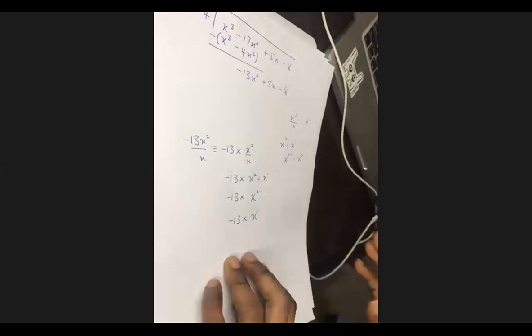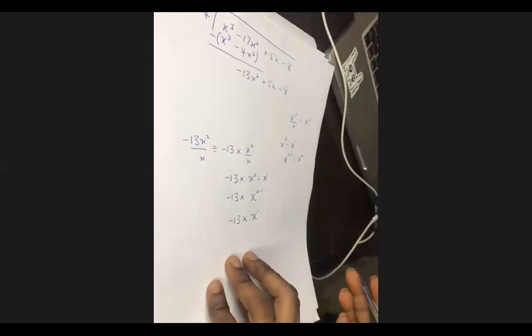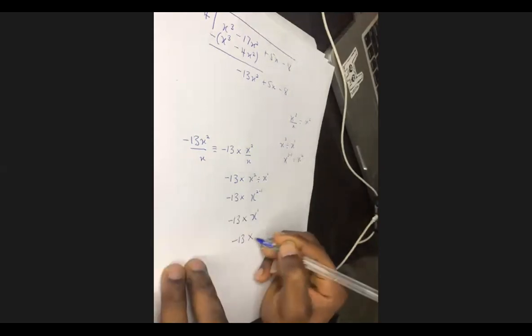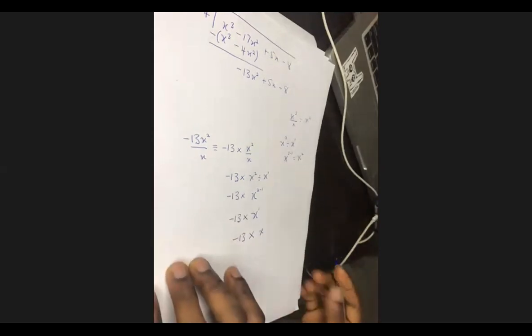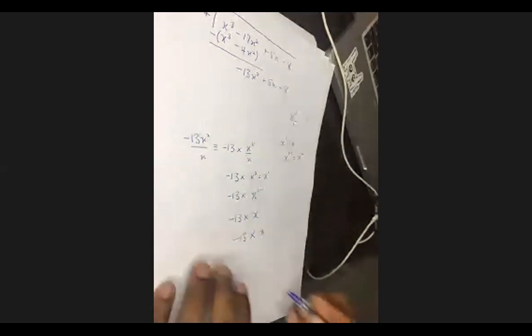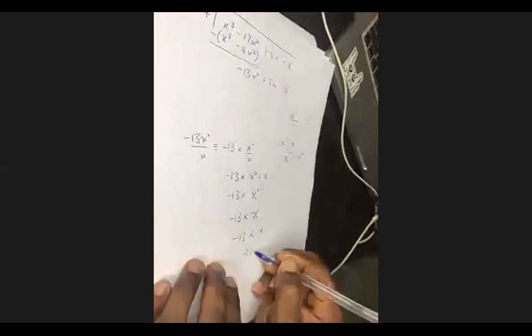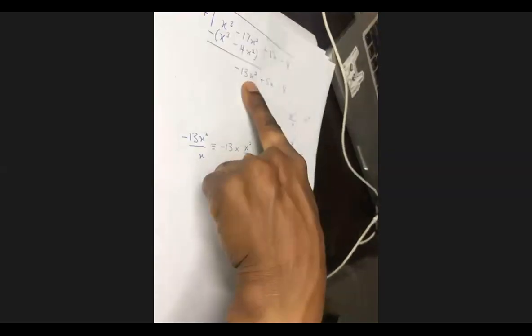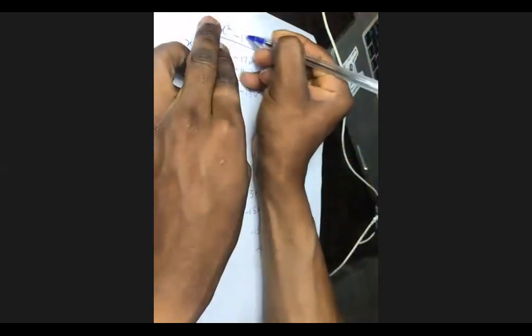Now any number raised to the power 1 is the same number. So I have negative 13 times x. Negative 13x. So here, you can boldly say that x will go into negative 13x squared, negative 13x.